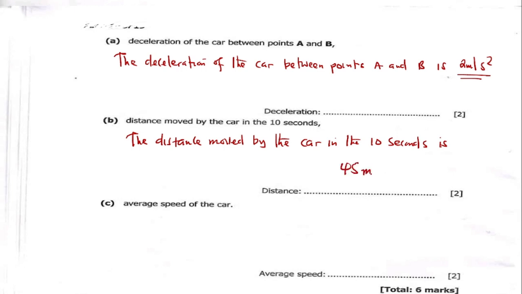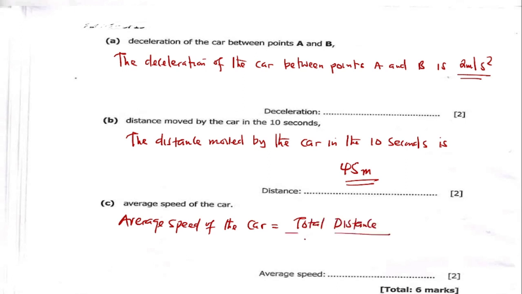Okay, we can now find the average speed. The average speed of the car is equal to total distance covered over time taken.